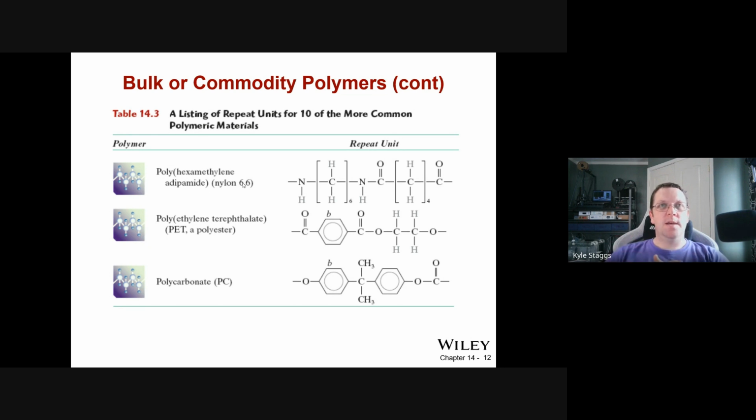So polyethylene terephthalate is another one. PET, this is a polyester, an ester being one of these groups that has, again, these double bonded oxygens. And this is the whole repeat unit for this polymer. What these do is they allow for common drinking containers, molds for different kinds of candies and lollipops.